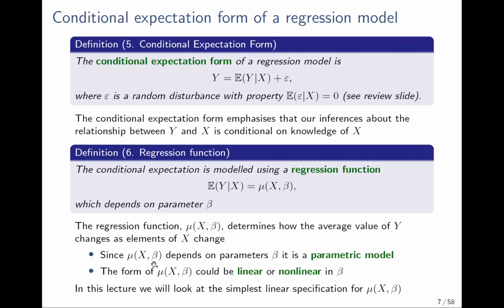Since this regression function depends on parameters beta, it is explicitly a parametric model. The form of this regression function could be linear or non-linear, and beta could take a variety of different forms. In this lecture, we're going to look at the simplest linear specification for the regression function, that is the linear regression model.